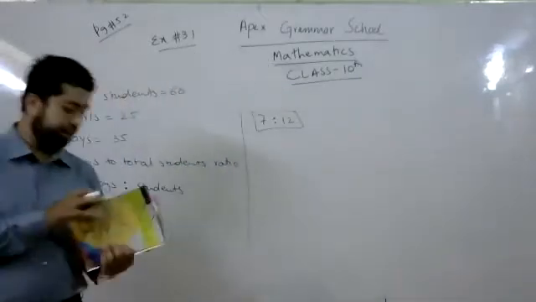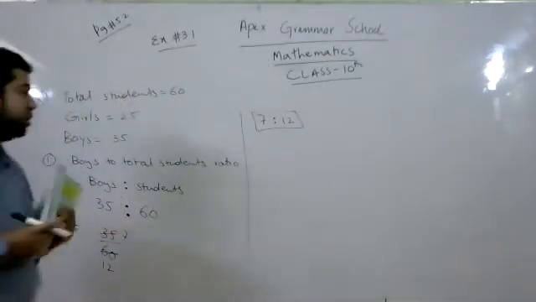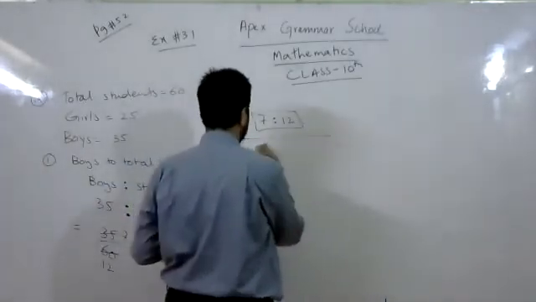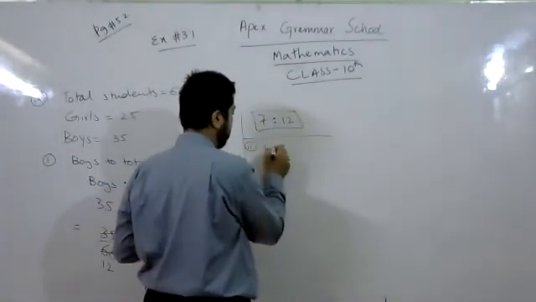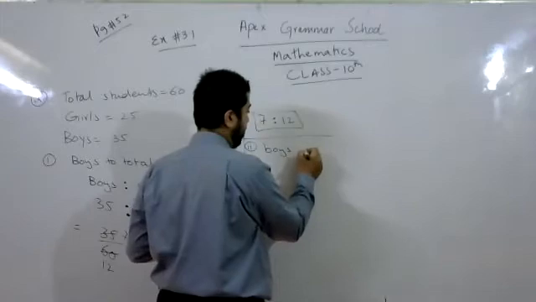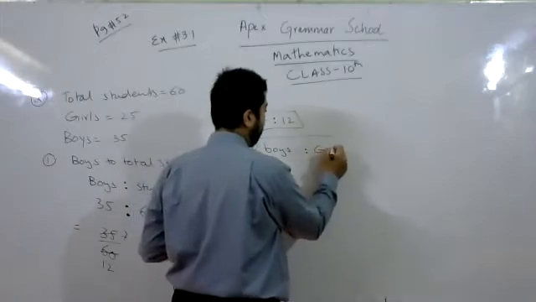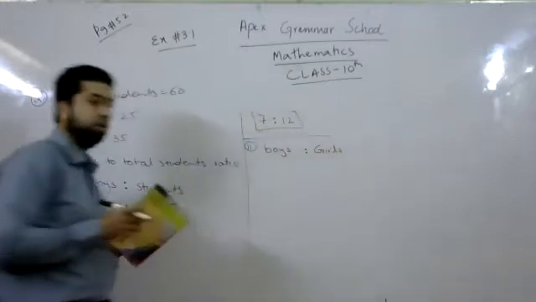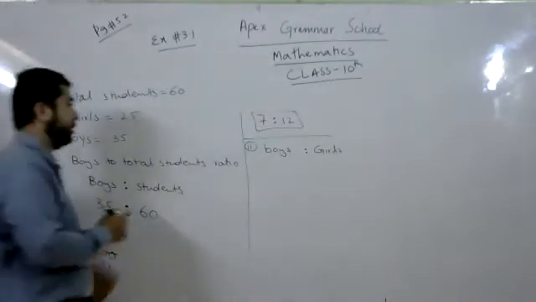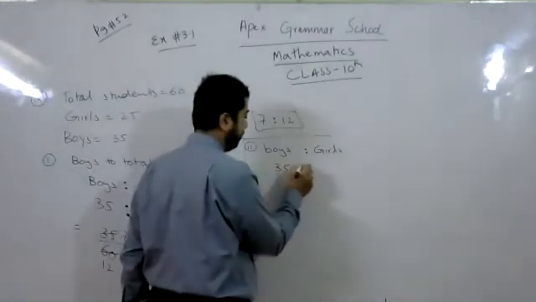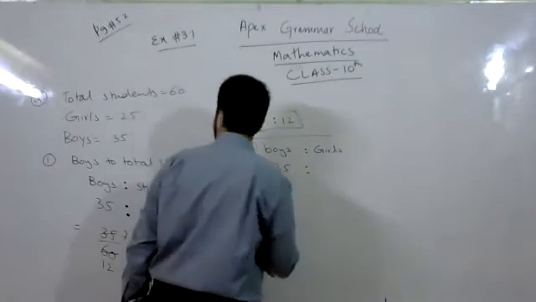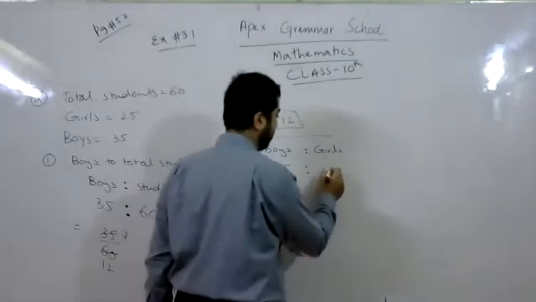Now the second part is the boys to girls ratio. The number of boys is already 35 and the number of girls is 25.